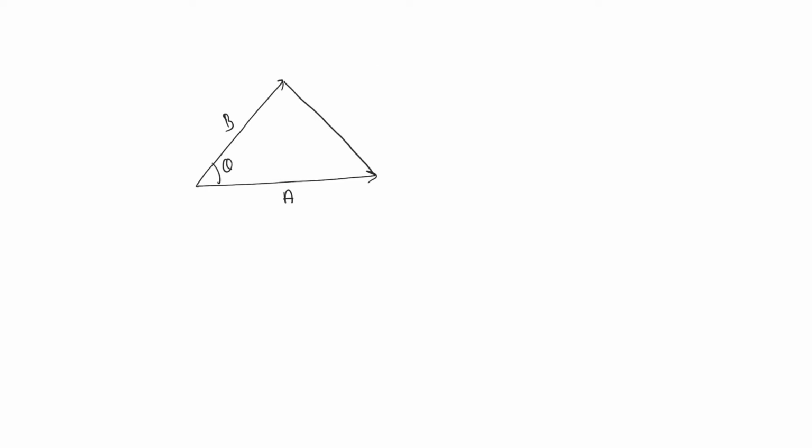Now consider a situation in which we are constructing a triangle with A vector and B vector, and we are going to find out the area of this triangle. We know that the area of a triangle is equal to half into base into height. Over here, while resolving this B vector, we can find the value of this height h. So this height h is equal to the component of B along this direction, which we can take as B sine theta.